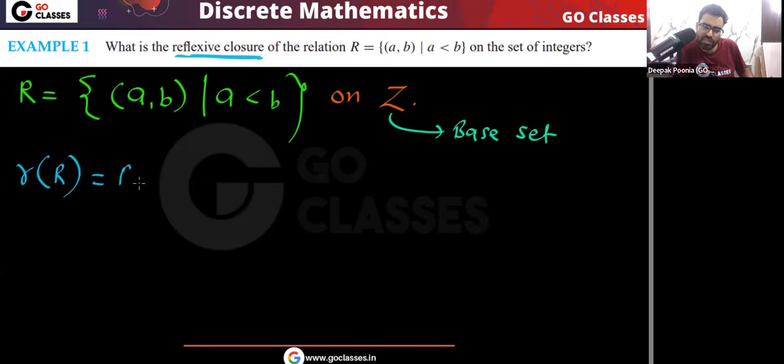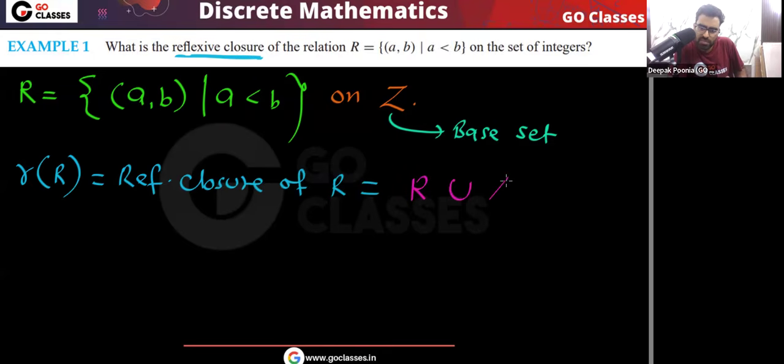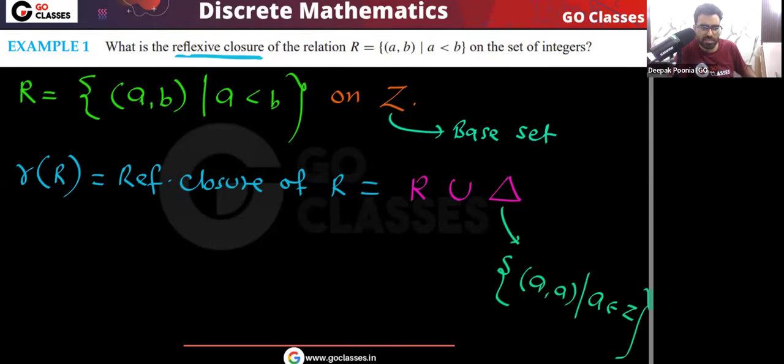The reflexive closure of R will be equal to, in this R, you take the union with the identity relation. What is the identity relation? That is (a, a), where a belongs to Z, the base set.